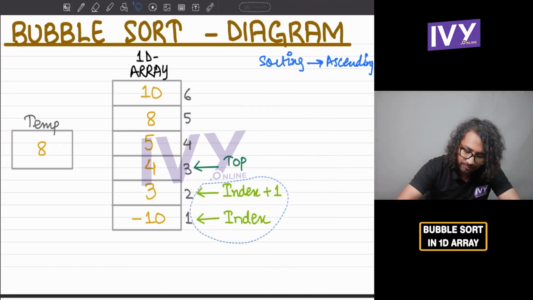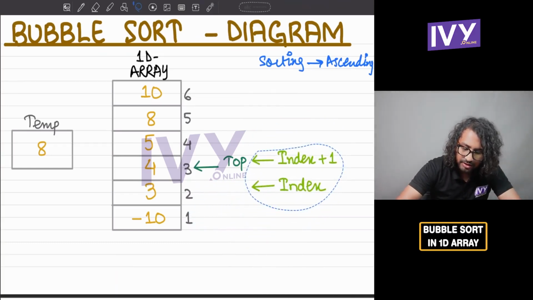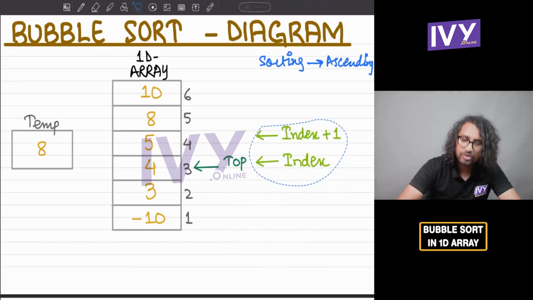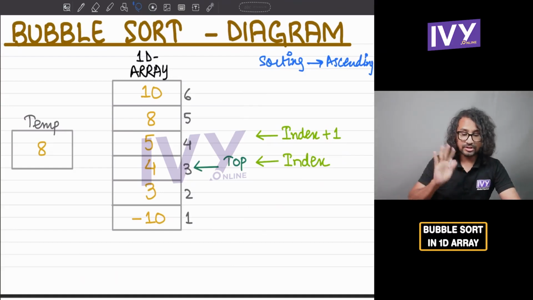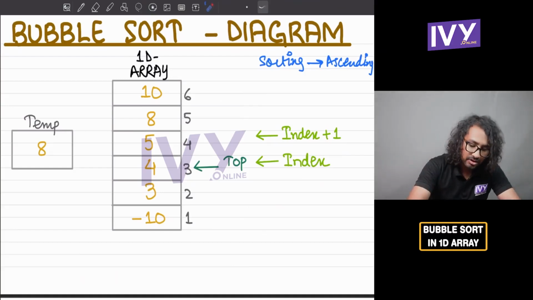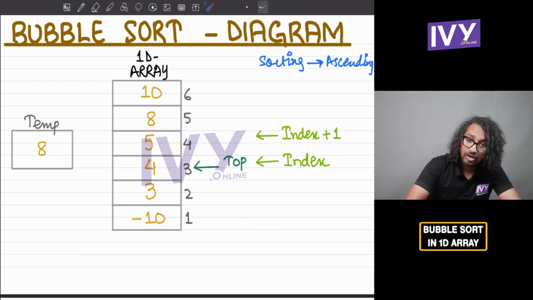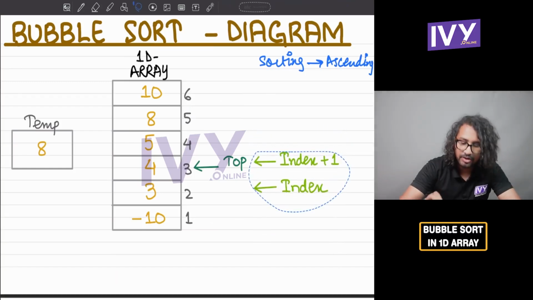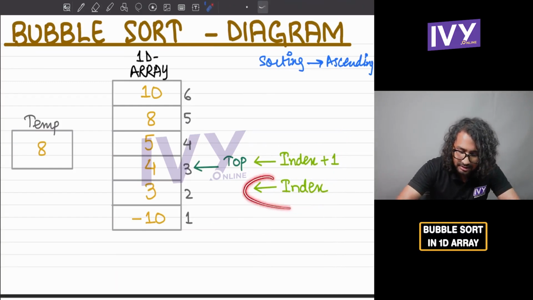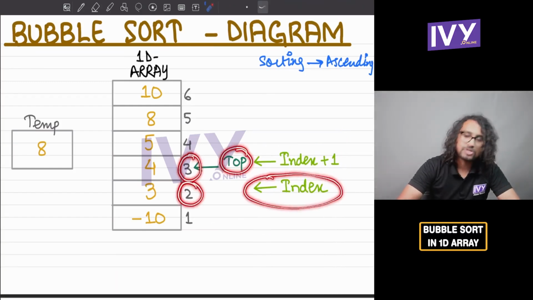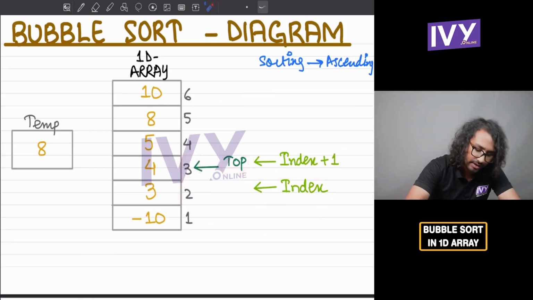Like if you come from here and go till here, now you're going to say, sir, see, a value is coming, but this value is already sorted. Why check it? So every time we are solving it, index should remain at top minus 1, because if top is at 3, top minus 1 is going to be 2, right?